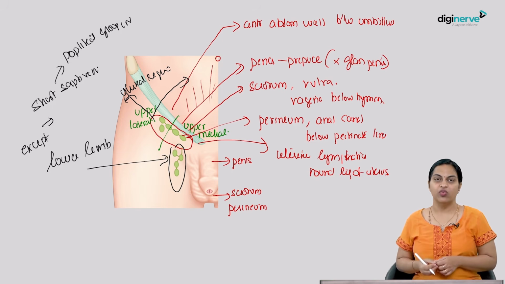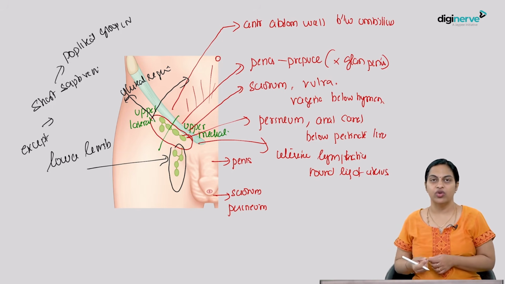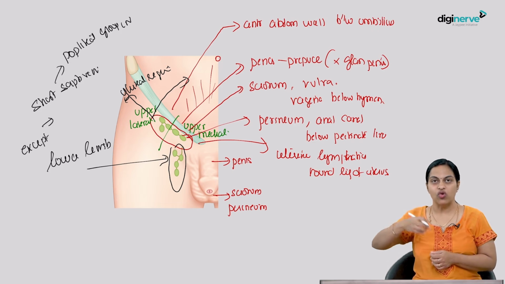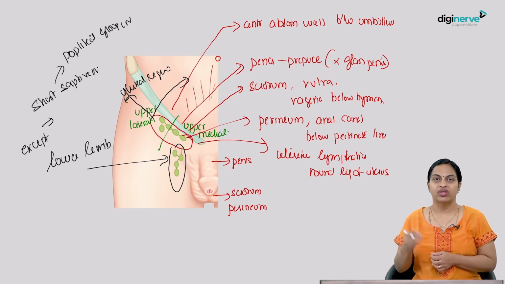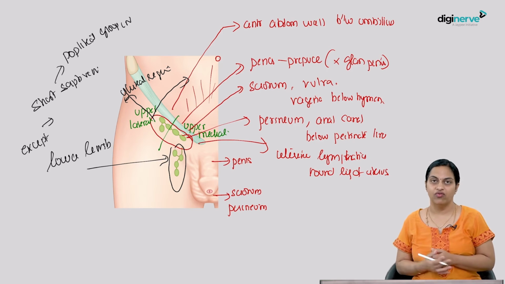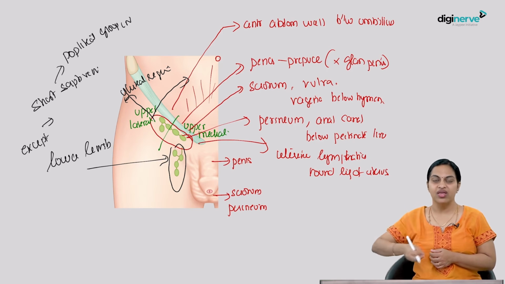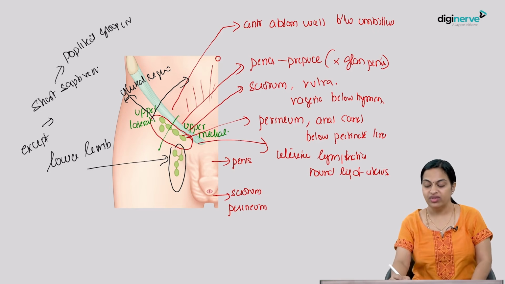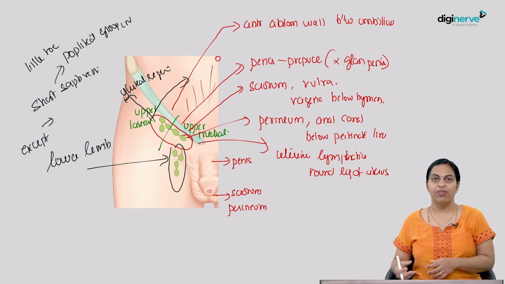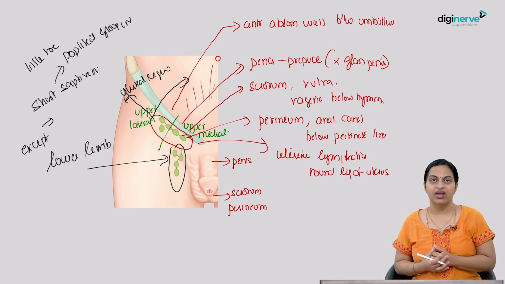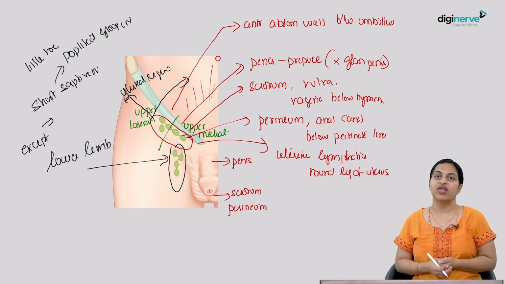The great saphenous vein begins as the continuation of the medial end of the dorsal venous arch. So most of the foot, including the great toe and the second, third, and fourth toes, will accompany the great saphenous vein, whereas the little toe, the lateral border of the foot, and the part of the back of the leg along the lateral aspect will accompany the short saphenous vein to drain into the popliteal group of lymph nodes.